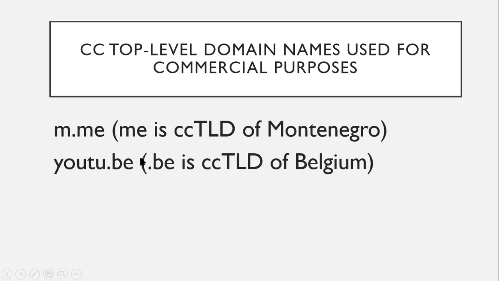So, the reason for this is mas madaling matandaan yung pangalan nila, mas mabilis ma-type, mas maikli, lalo na if you're thinking about Twitter, di ba? There are limited characters there. So, one way to do that is to decrease the letters of the URL. So they did that using the top level domain, the ccTLD of other countries.